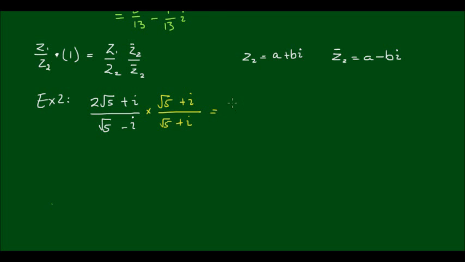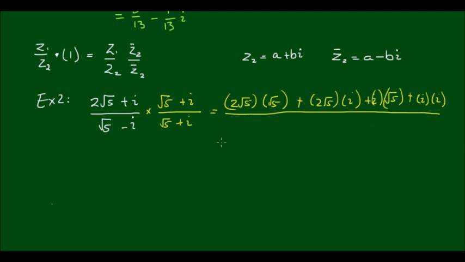So this equals 2 root 5 times root 5, plus 2 root 5 i, and then plus i times root 5, plus i times i. That's the top. And then this is divided by, and then distribute out the bottom.